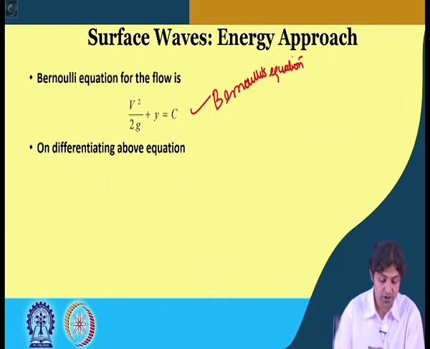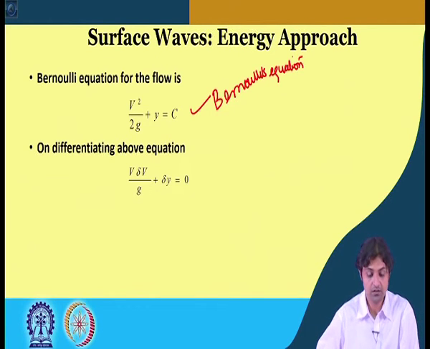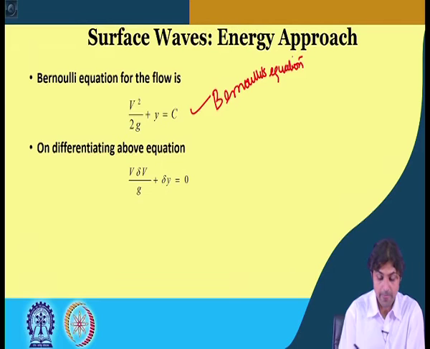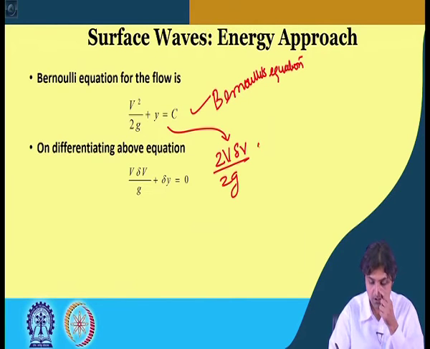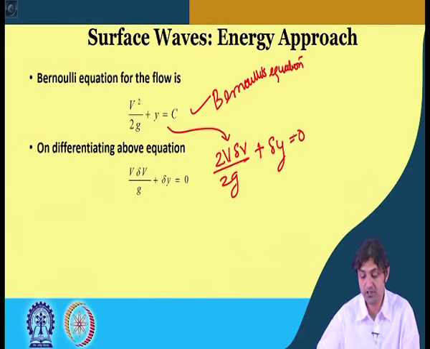So, if we differentiate the above equation with respect to y, we get 2 V delta V and 2g will remain the same, and y will become delta y, is equal to 0 because the constant when differentiated gives zero.